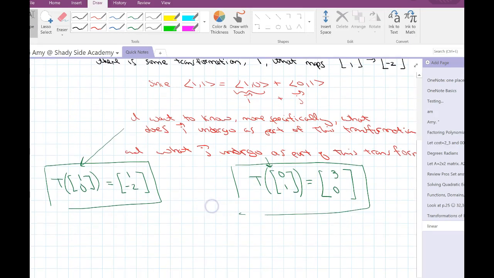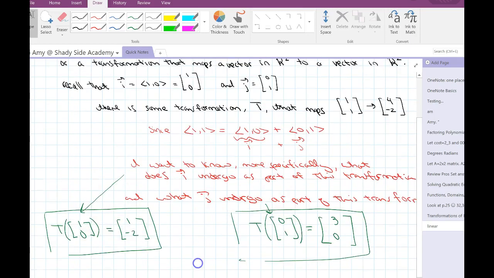So when I look here, this tells me that if I am taking the vector (1, 0), and (1, 0) becomes (1, -2), I'm looking for a relationship between (1, 0) and (1, -2). I can do this here because this is the number 1. This is not the number 1.